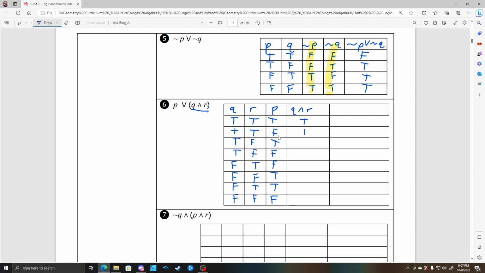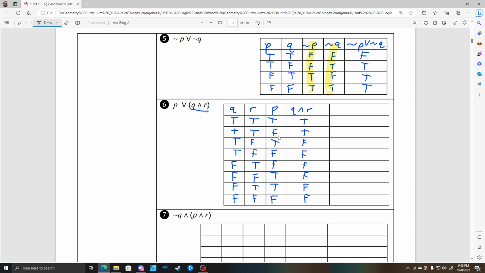Q and R are true in this one. So far so good. This one is false because the R is false, so that doesn't work. This one is false because R is false. This one is false because R is false. Or Q is false, sorry. This one is false because they're both false. And false because of Q, and false because of them both.